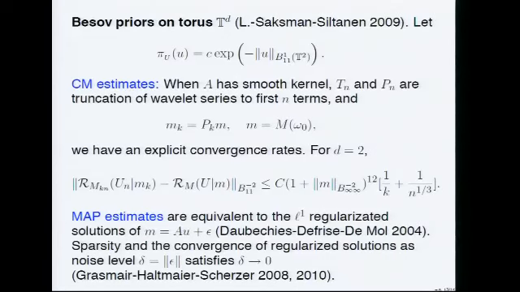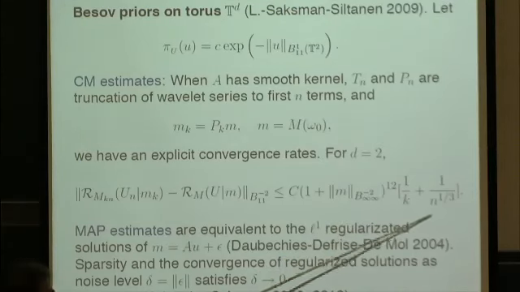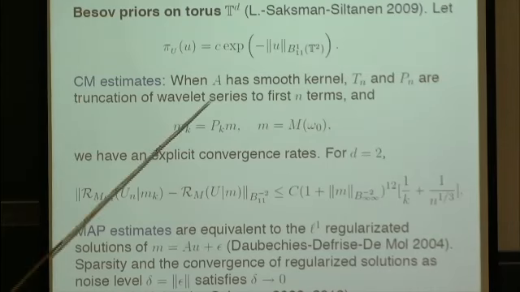And we can show that the reconstructors, basically these computational mean estimates in the discretized models, converge to the continuous model in a suitable Besov space, with very explicit error estimates. So this happens for the CM estimates. For MAP estimates, like I said, this norm is very close to the L1 norm, and we are using wavelets.